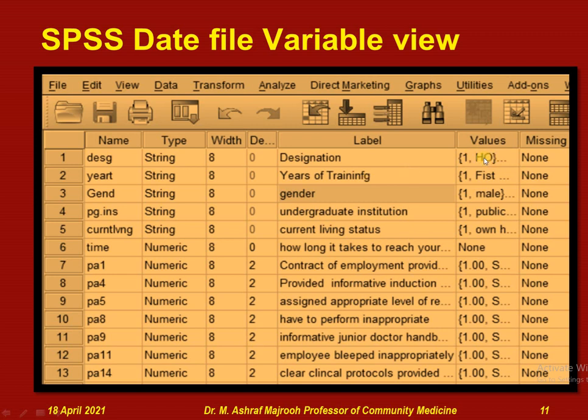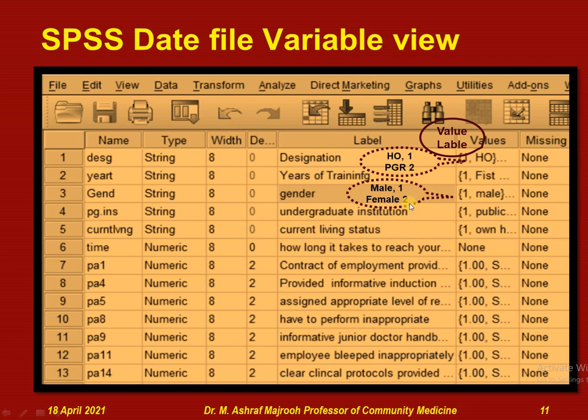Most important for the coding is the value labels. If we look at the value labels, these are the value labels for house officer and postgraduate resident. Instead of writing house officer or postgraduate resident, we write 1 or 2.